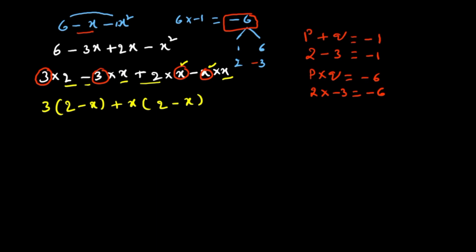Finally, here 2 - x is the common, so take 2 - x, and from here you take 3 and x, so 3 + x.